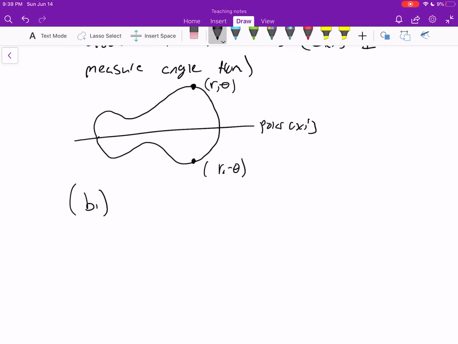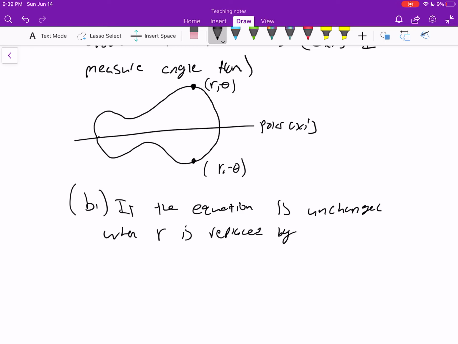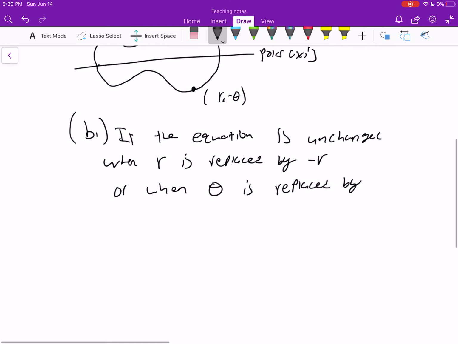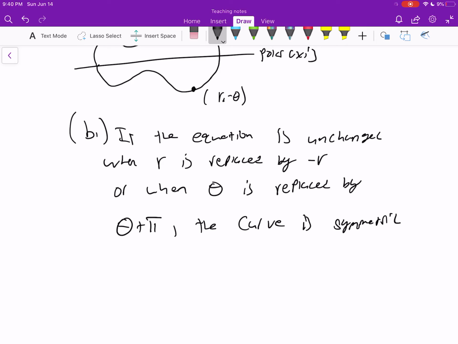Okay, so let's do B. So if the equation is unchanged when r is replaced by negative r, or when theta is replaced by theta plus pi, the curve is symmetric about the pole.